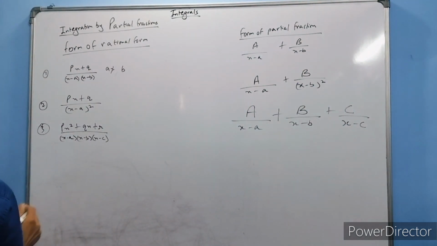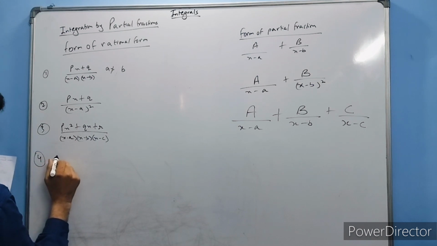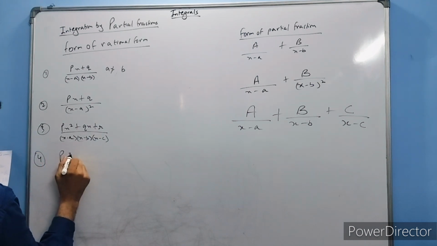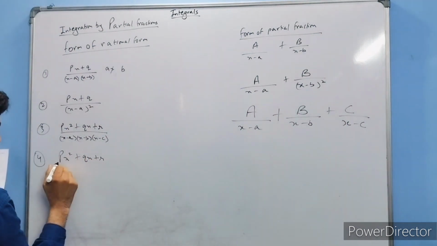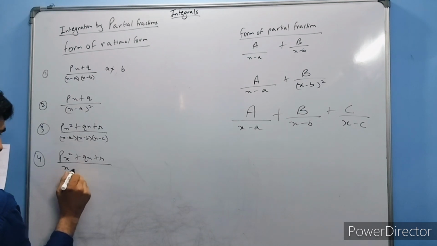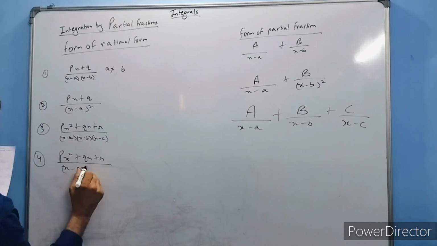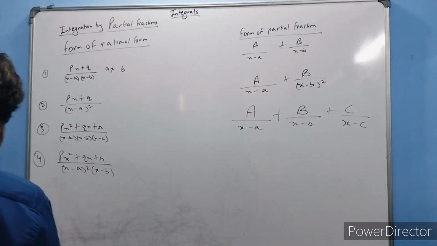We'll move to the fourth one, that is px square plus qx plus r upon x minus a whole square, x minus b.